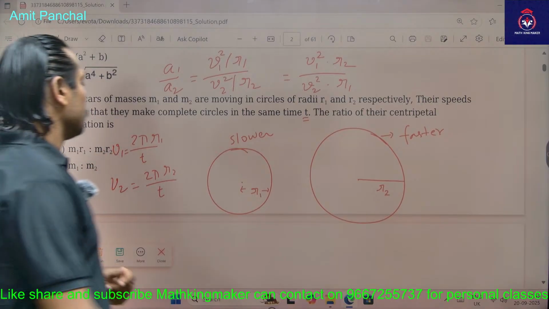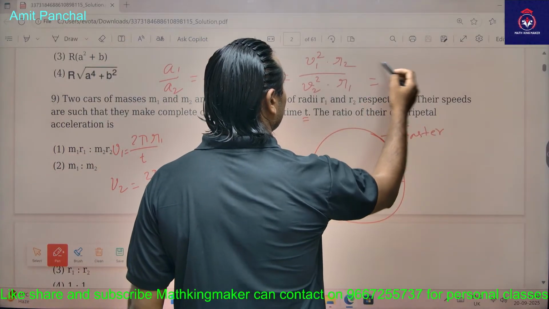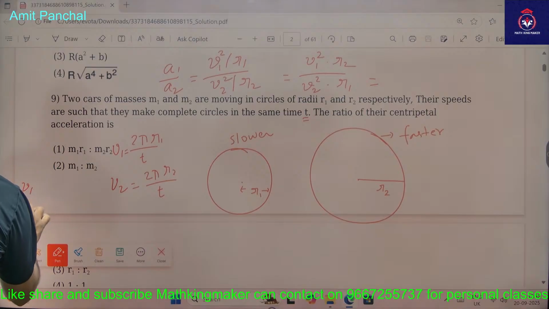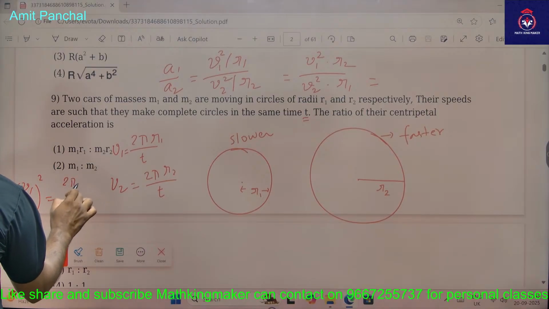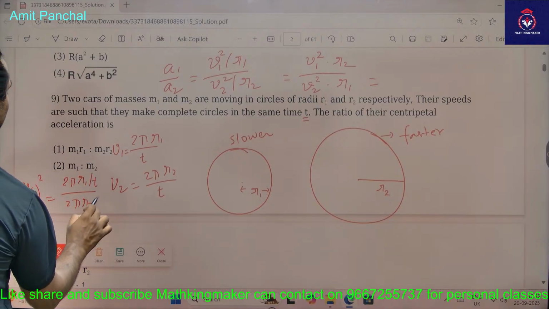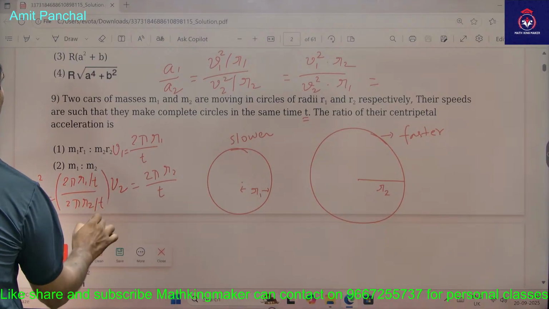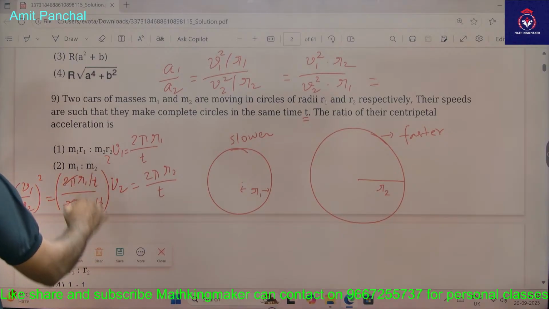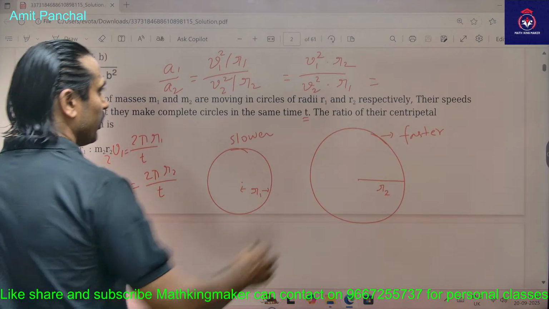Okay. So we just put here v1 by v2 whole square. So what it becomes? It becomes 2 pi r1 divided by t, over 2 pi r2 divided by t, its square. t cancelled, 2 pi cancelled. So it becomes r1 by r2 whole square. Okay.